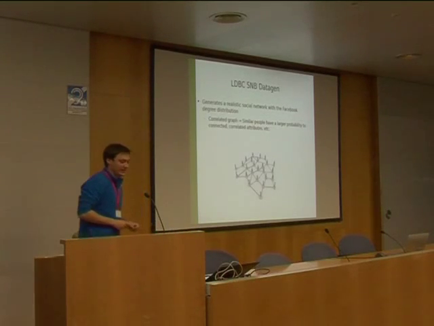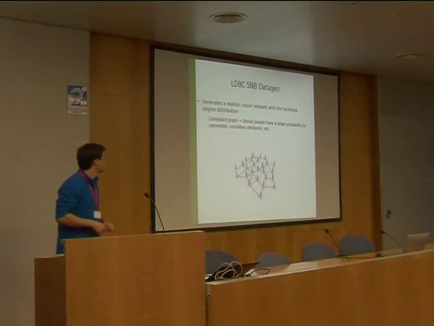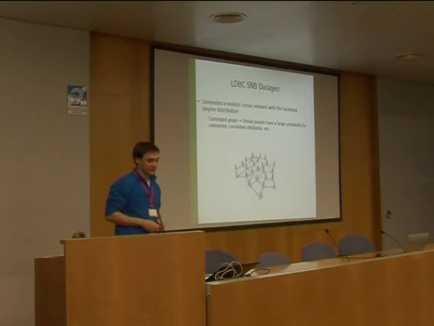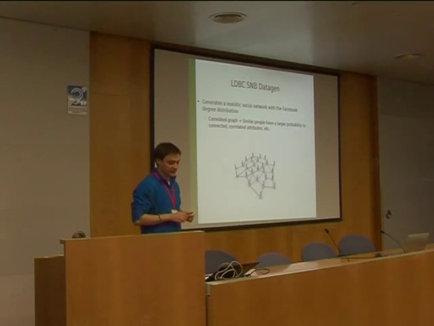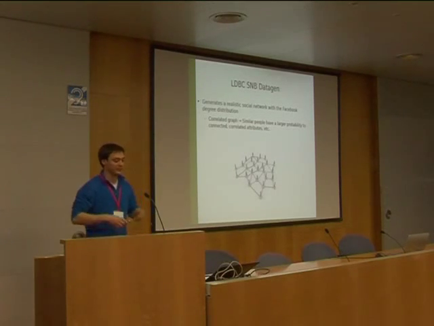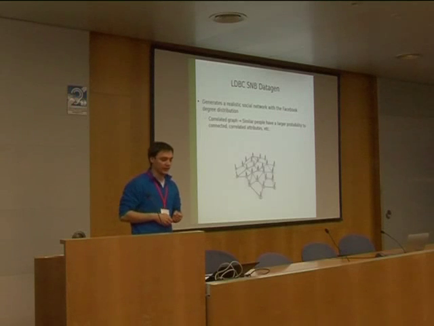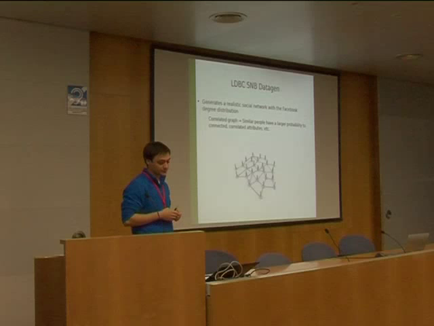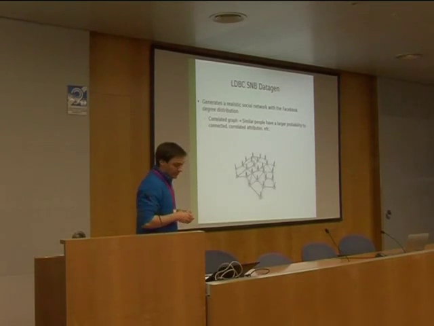so about the data. The data is generated by DataGen. It's a scalable social network data generator. It generates a realistic social network, following the characteristics one would find in Facebook. It creates a correlated graph.